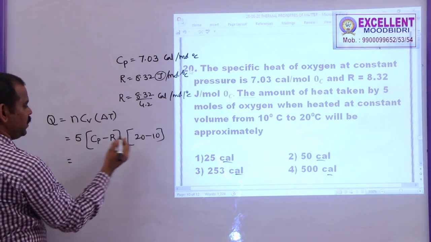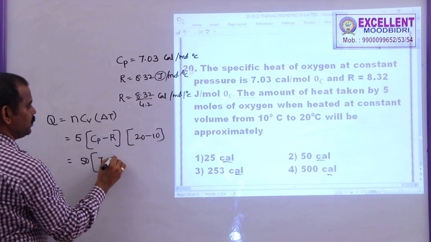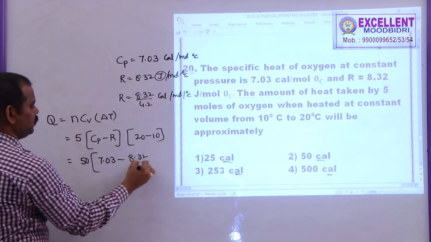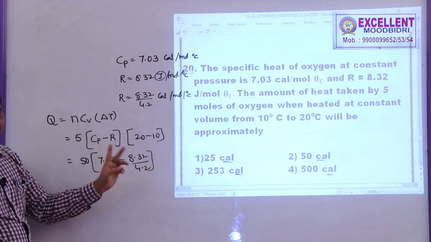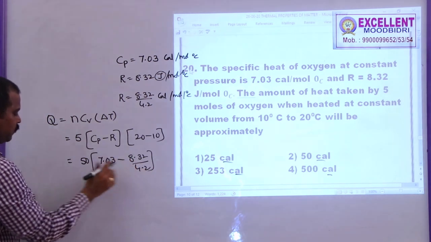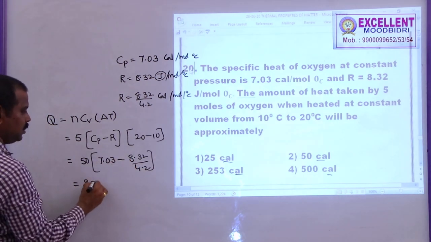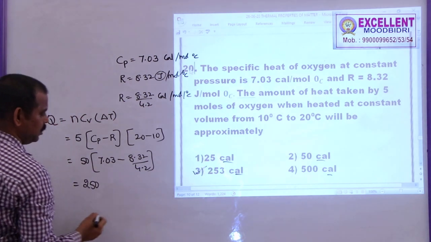So this is 5 into 10, this is 15. Cp value 7.03 minus 8.32 by 4.2. You can see this is nearly equal to 2, not exactly 2, nearly equal to 2. So 7 minus 2 means 5, 250 is nearly, but it is slightly more than that, so option 3 will be correct.